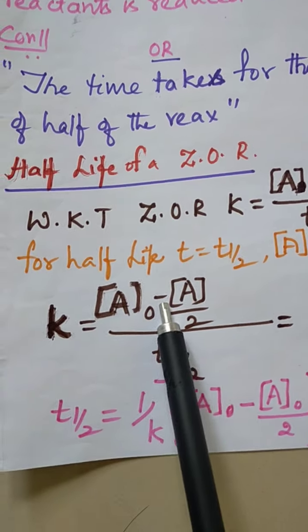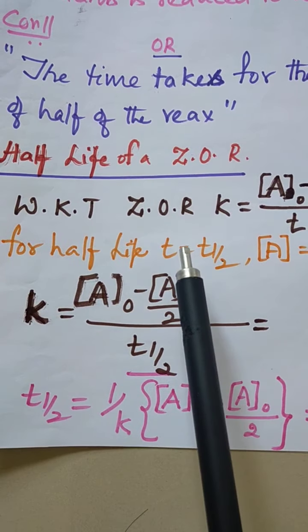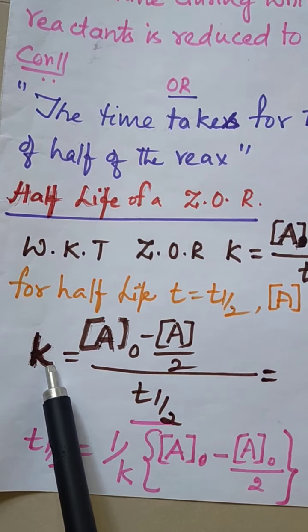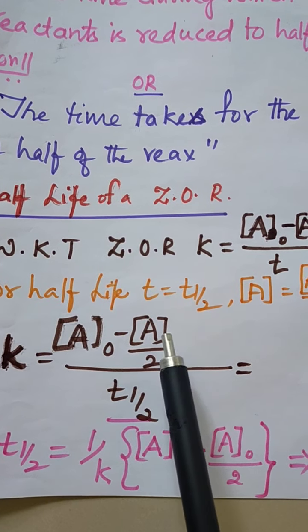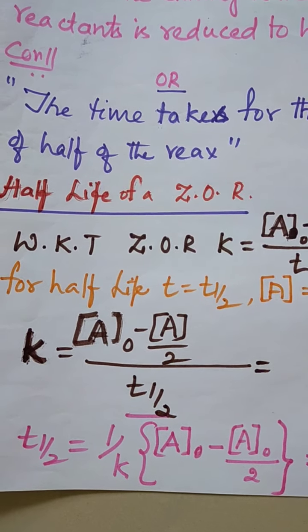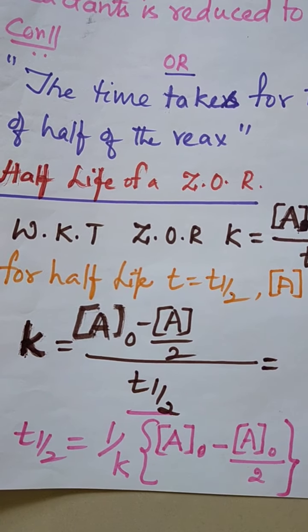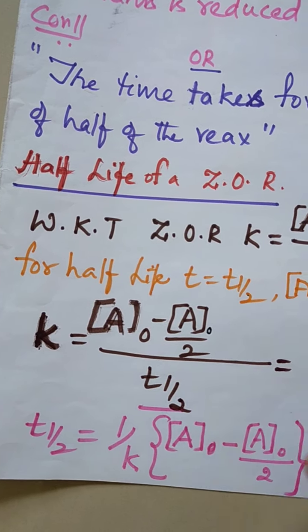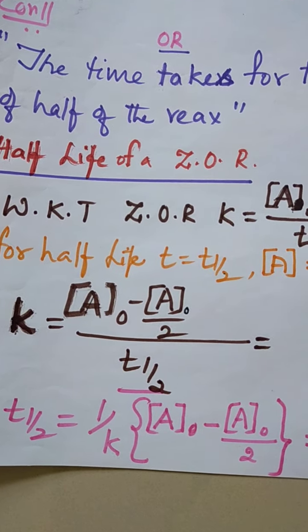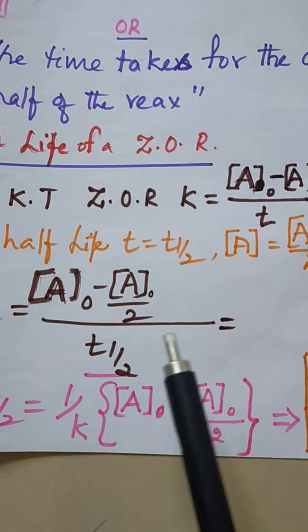So K is equal to A naught minus A naught by 2, divided by t half. Here it should be A naught, half of the initial concentration.